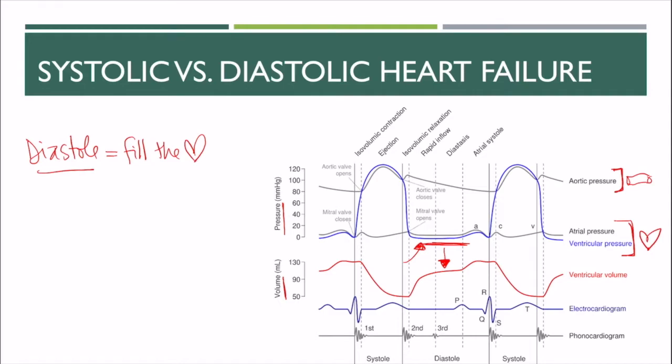So during diastole, the heart has to be very relaxed. It has to be really compliant, which is another word for stretchy, so that when you take that saggy bag and start filling it with blood, it can just stretch and accommodate that blood. So diastole is the time when the heart receives blood from the venous system.